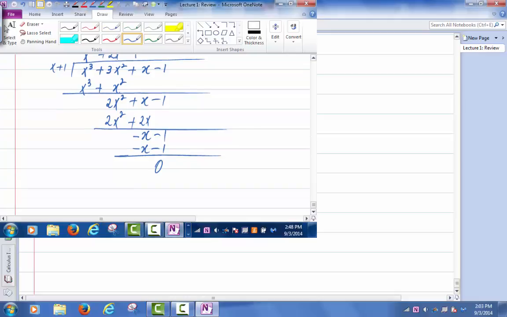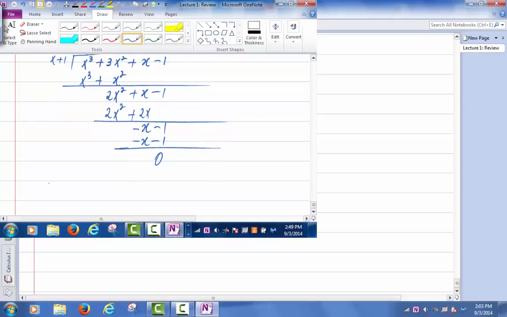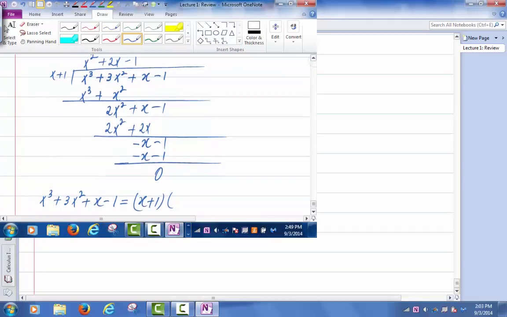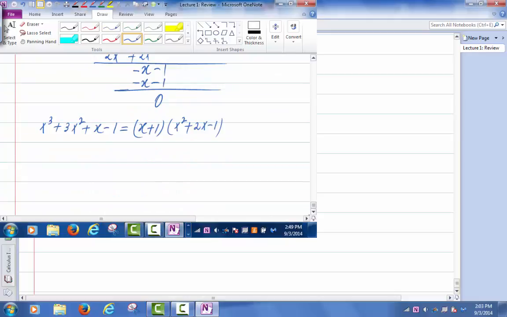So what we have is that our dividend x cubed plus 3x squared plus x minus 1 is x plus 1 times the quotient, which is what? x squared plus 2x minus 1. Okay, so remember we were trying to solve what?